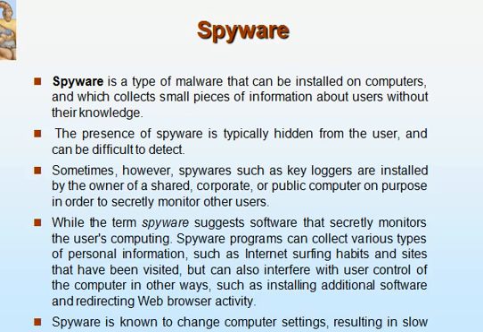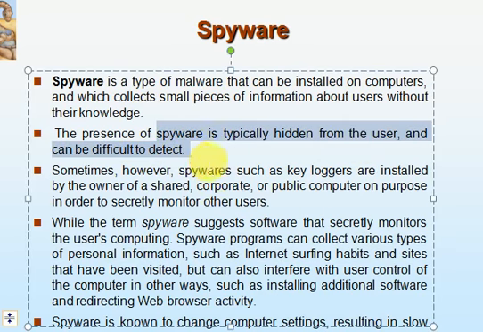Spyware is a type of malware that can be installed on computers and which collects small pieces of information about users without their knowledge. The presence of spyware is typically hidden from the user and can be difficult to detect.